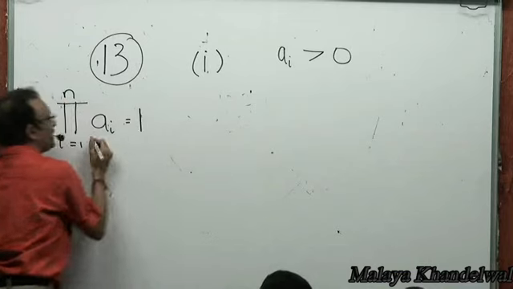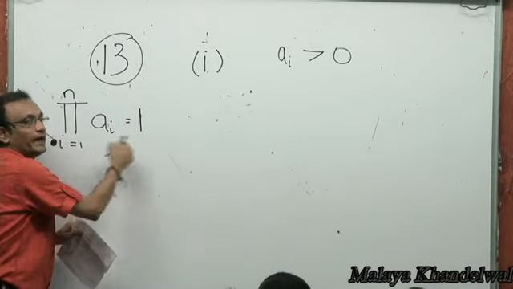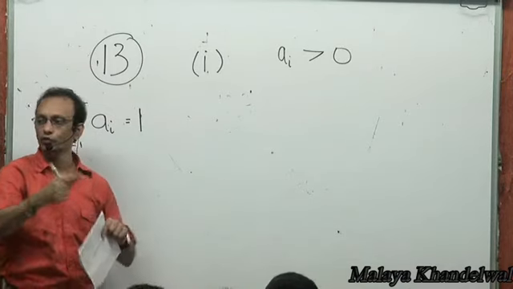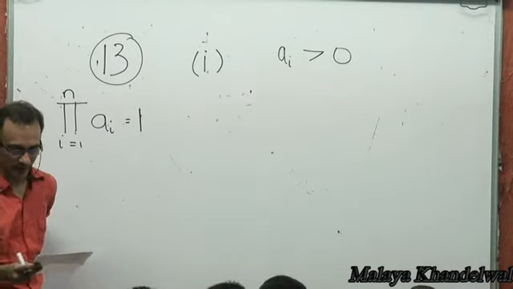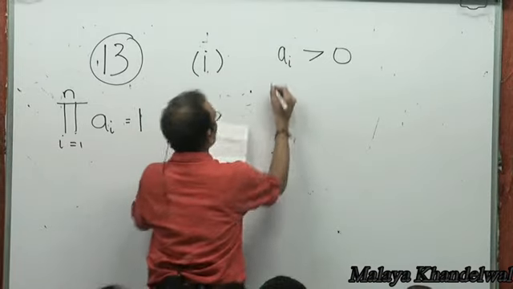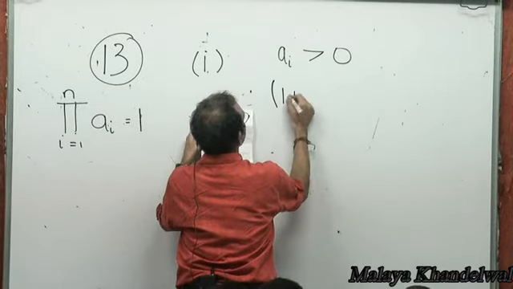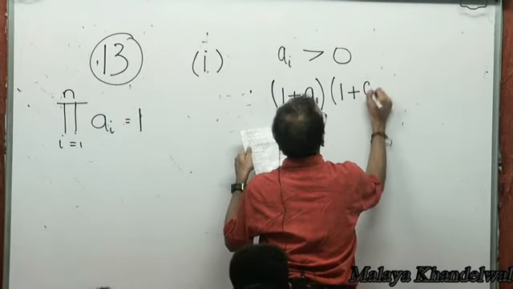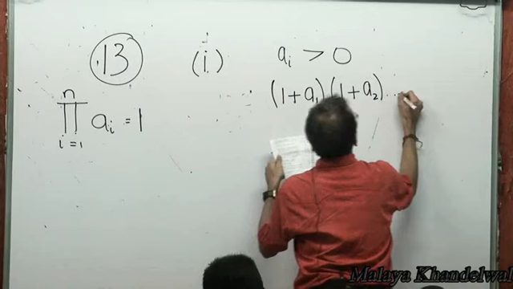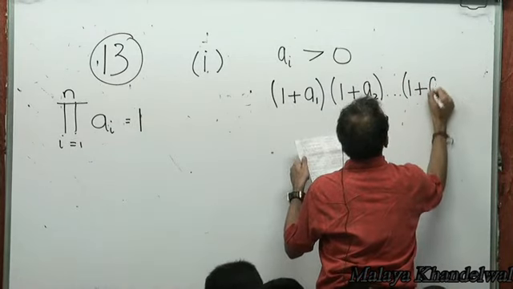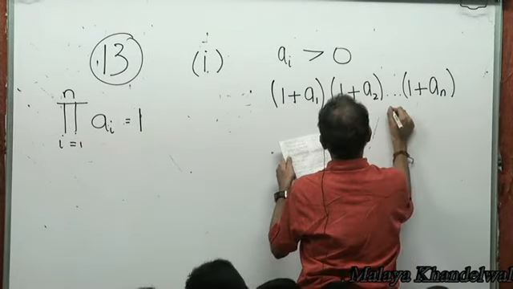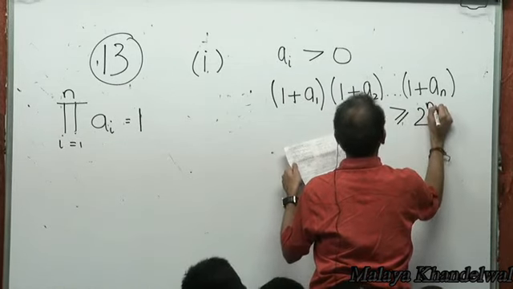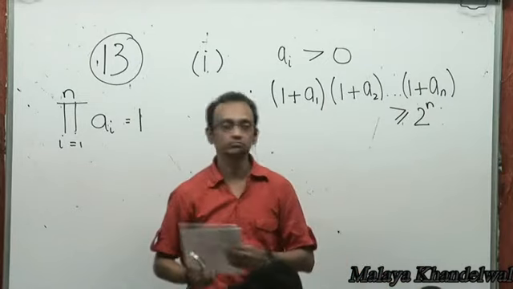That means A1 into A2 into A3 into AN is 1. We want to show 1 plus A1 into 1 plus A2 into 1 plus AN is bigger than or equal to 2 to the power n. This is what we want to establish. Clear?